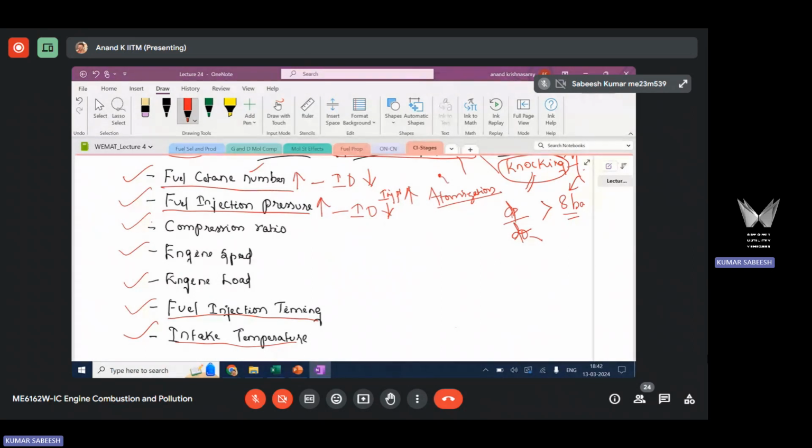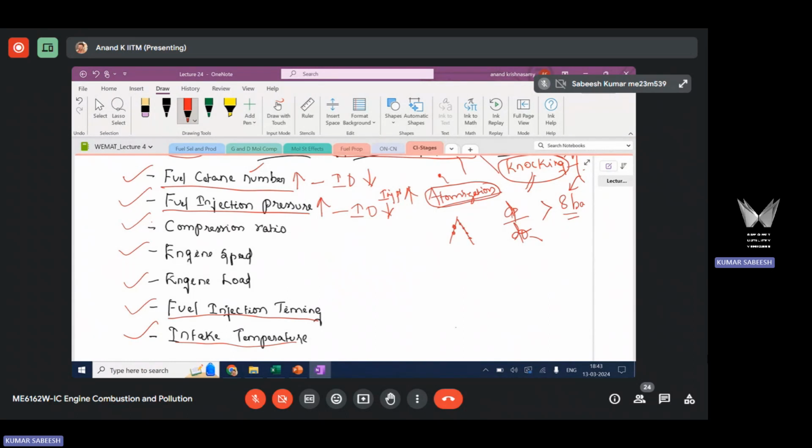So the rate of vaporization is primarily dependent on the size of the drop. The size of the drop is dependent on the atomization event that happens after the fuel is injected. When you inject at very high pressure, the drop size is going to be accordingly very small. When you inject at a relatively lower pressure, the drop size may be higher. The higher drop size will result in slower vaporization.